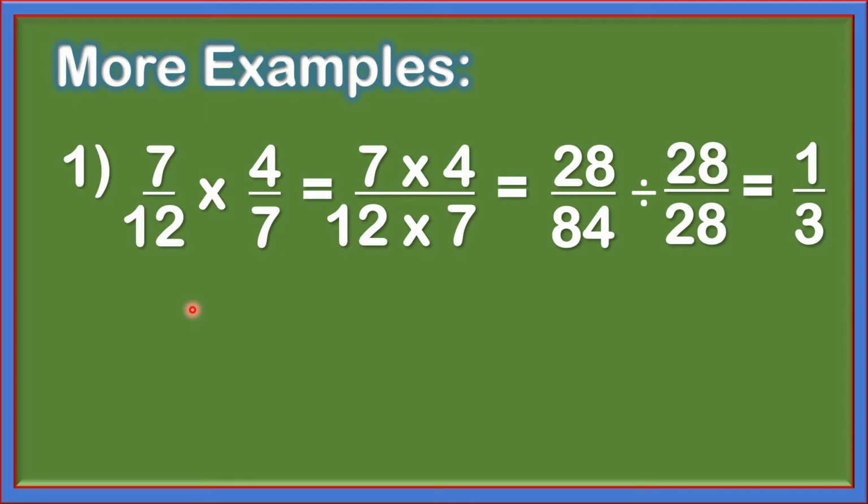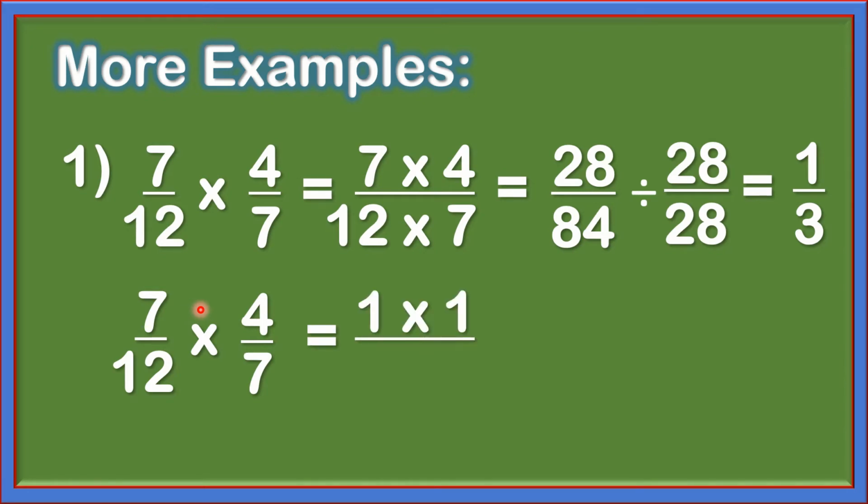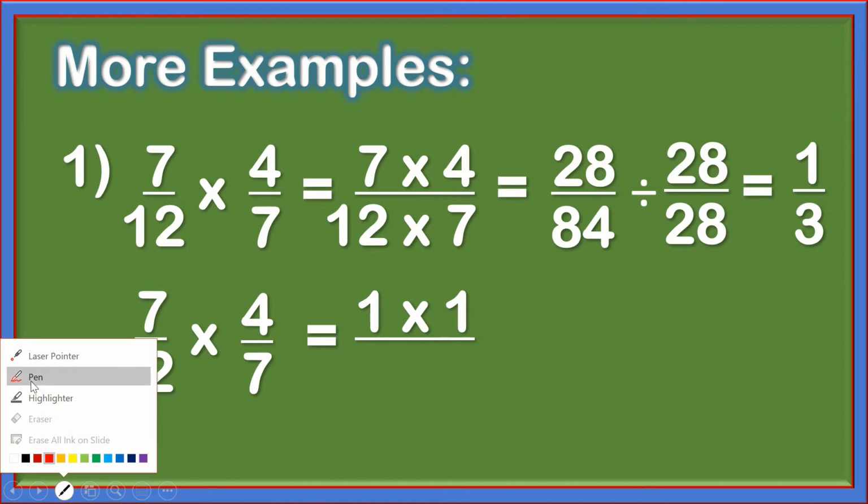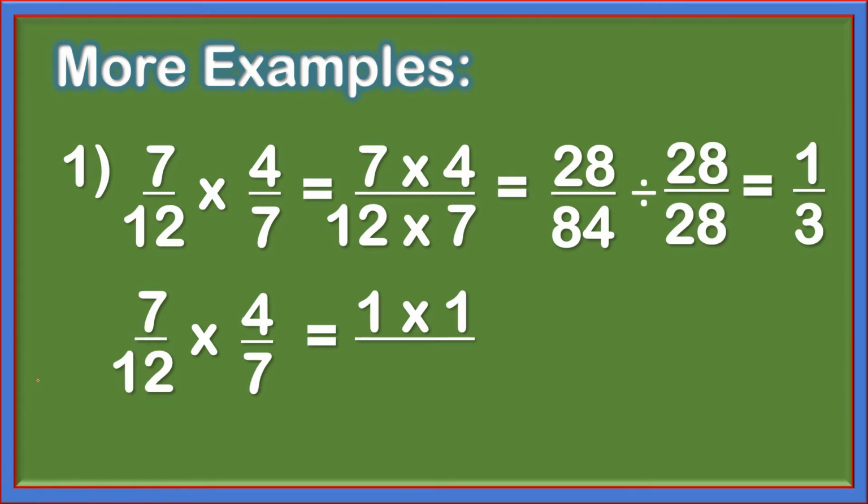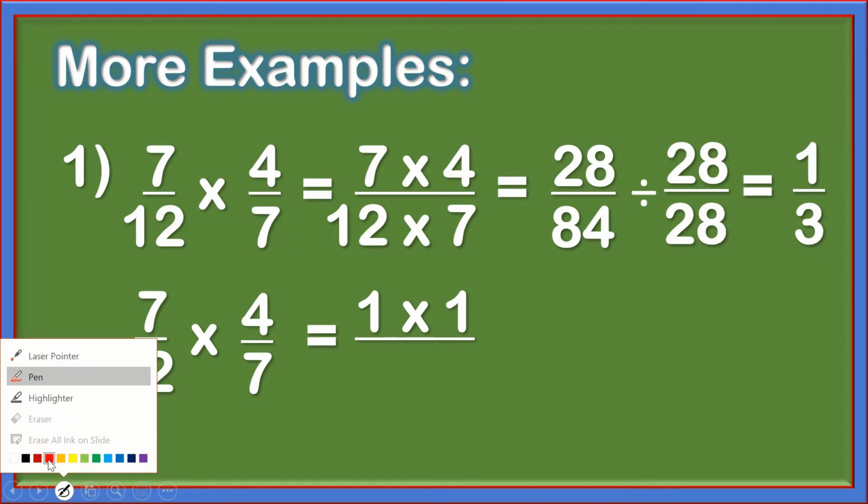Pero, ito na naman tayo, kung naka-reduce na siya, before ka pa nag-answer ay naka-reduce na siya, 7/12 times 4/7. So, gawa tayo ng pen. Yung pen natin dapat white.